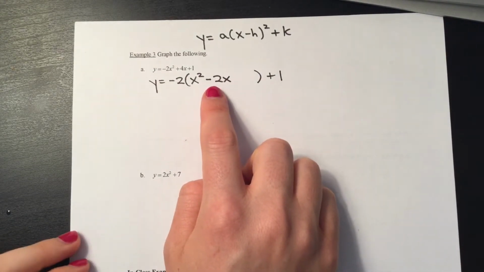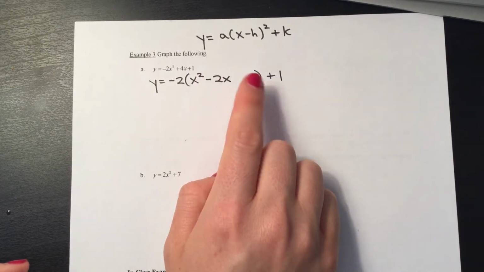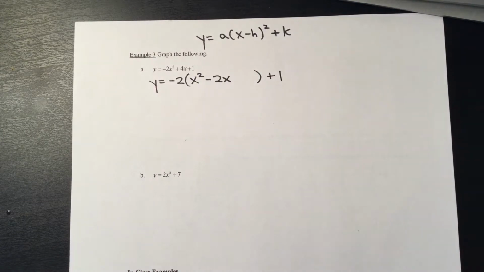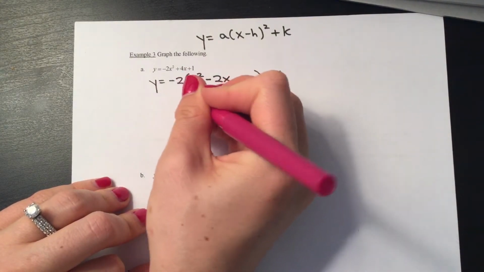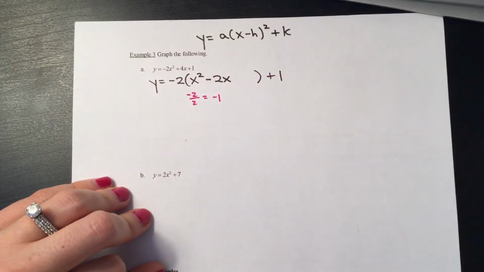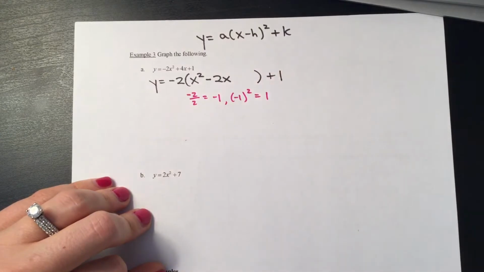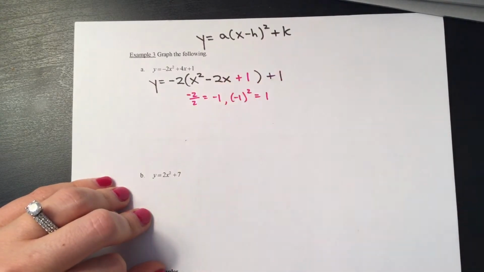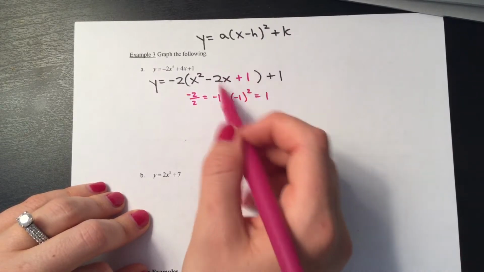Think back to 4.5. Start with this middle term, cut it in half. That gives you -1, and then square it. So we start with that -2 in the middle, cut it in half, that gives us -1, and then when I take the -1 and square it, it gives me +1. So I'm going to add a +1 right here. So these are the completing the square steps that I just did. So I just added a +1.